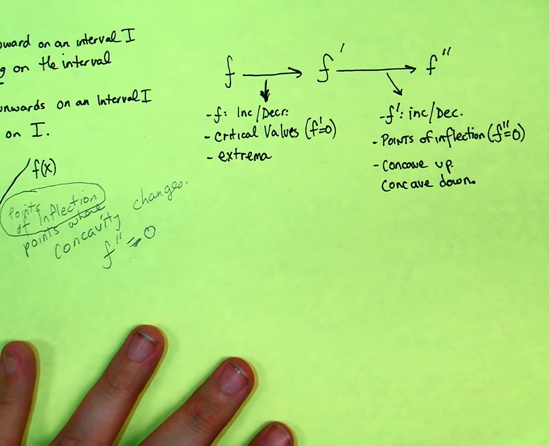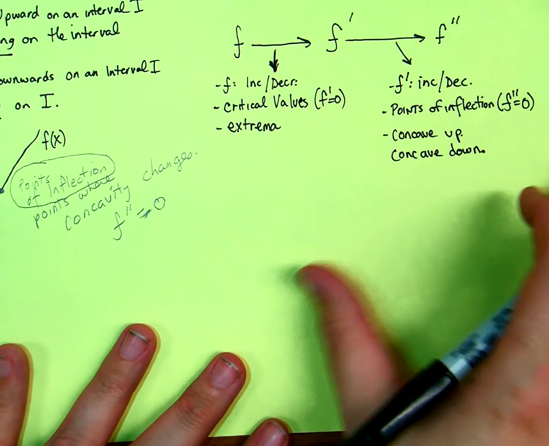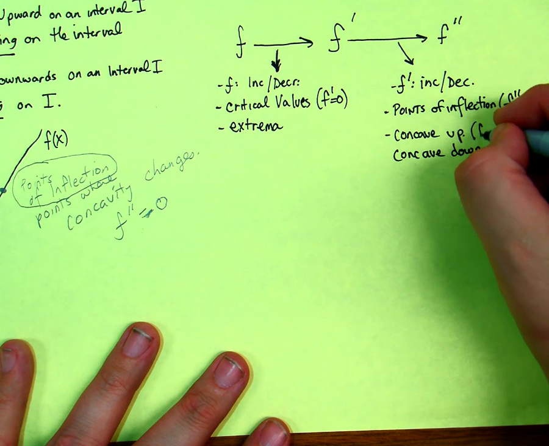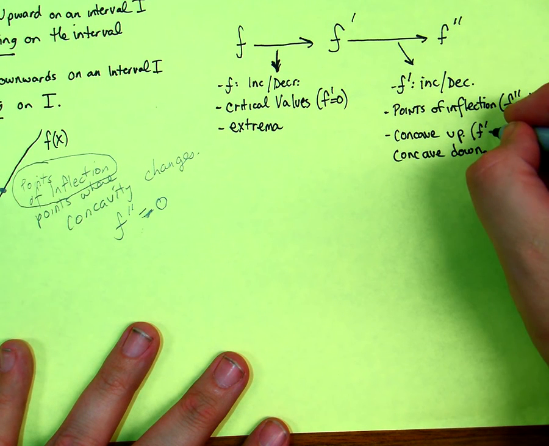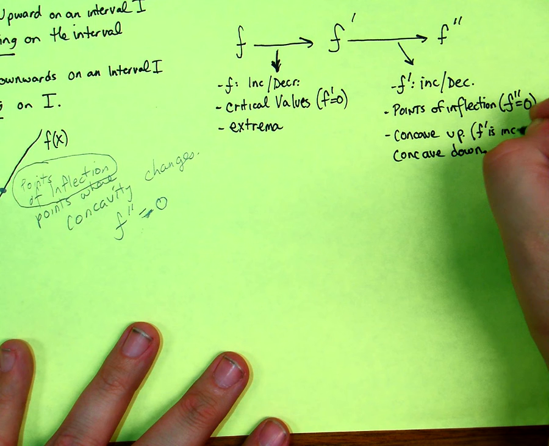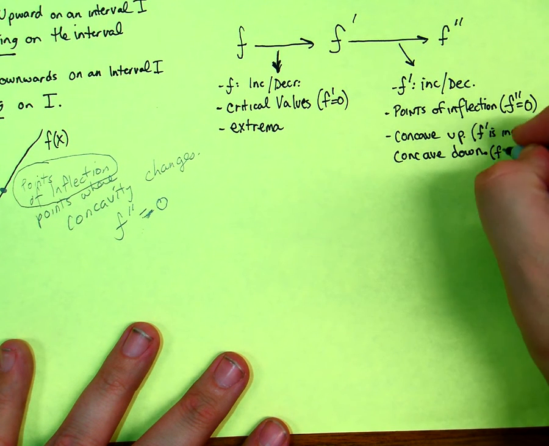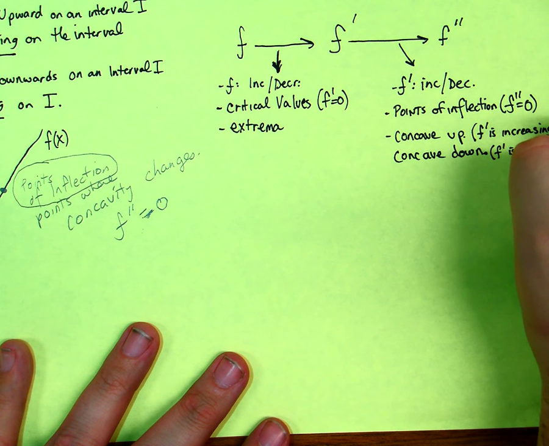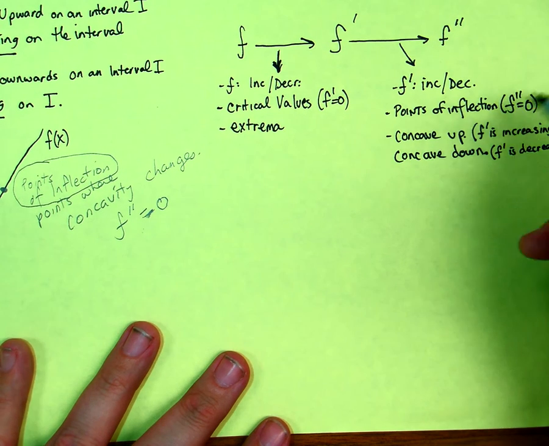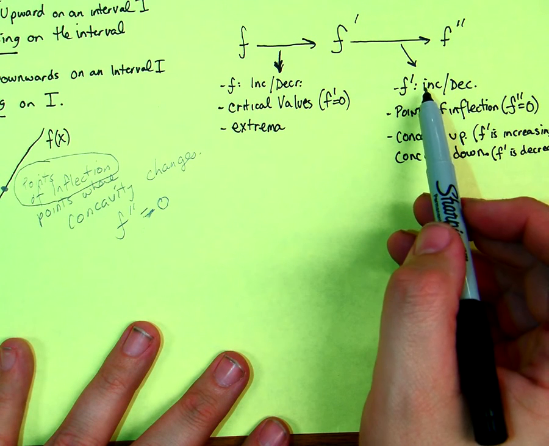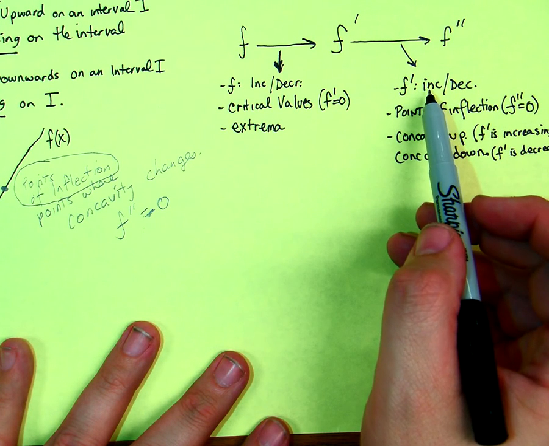If it's concave up, f prime is increasing. If it's concave down, f prime is decreasing. So the same rules apply to figure out if we're increasing or decreasing. We're going to still end up using a sign test.